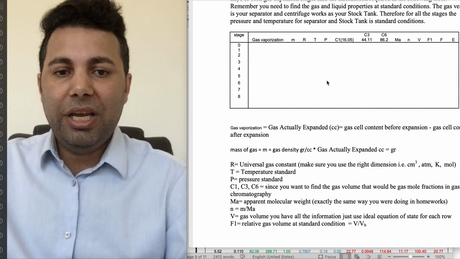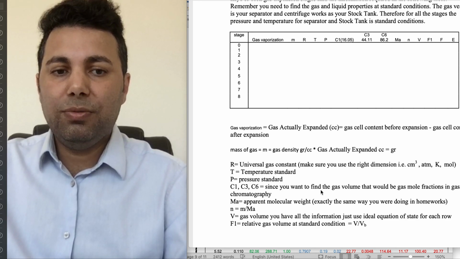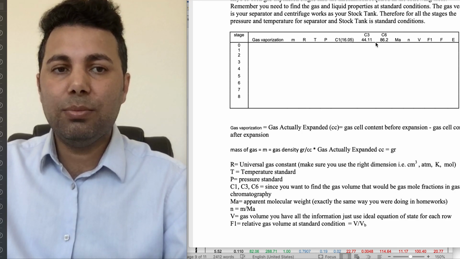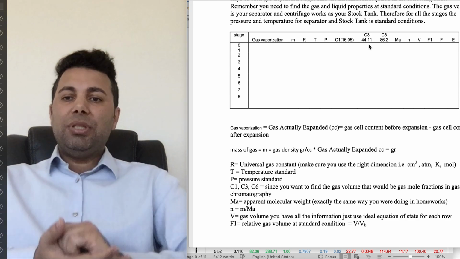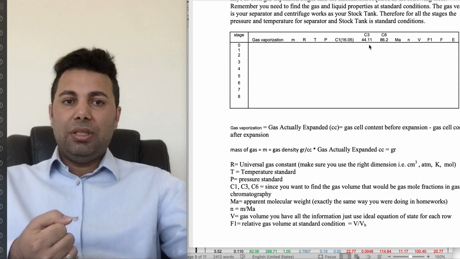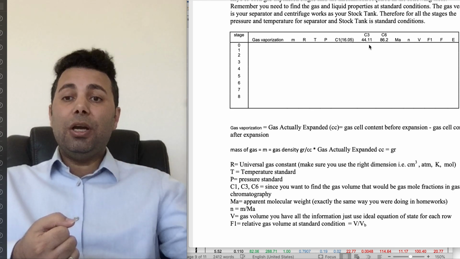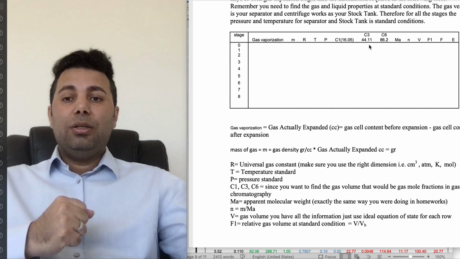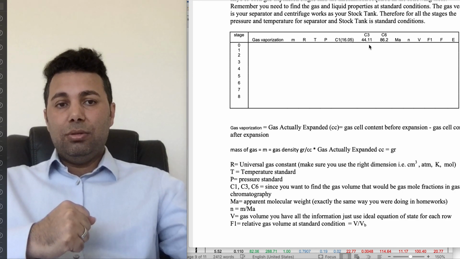Since you want to find the gas volume, you need the gas mole fractions from the gas chromatograph. These are the gas mole fractions that you obtained at the end of every single gas expansion using the gas chromatograph. This is when the gas is coming out of your gas vessel, and then you send it to the gas chromatograph.